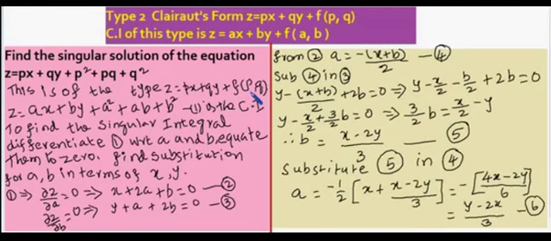Look into equation number 1. On the right hand side, the first term is ax. We are differentiating with respect to a. x is a constant, the differentiation of a is 1. In the second term, by has come. B is treated as a constant, y is treated as a constant, so the differentiation of by is 0. The third term is a squared, the differentiation of a squared is 2a.